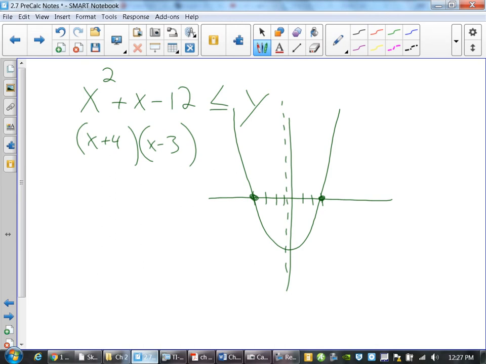This graph has basically broken this into 3 spots. You have numbers that are smaller than negative 4, numbers that are bigger than 3, and then numbers in between.